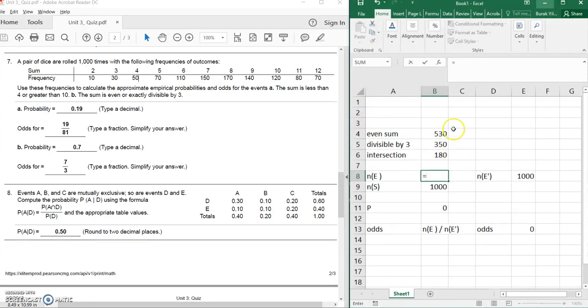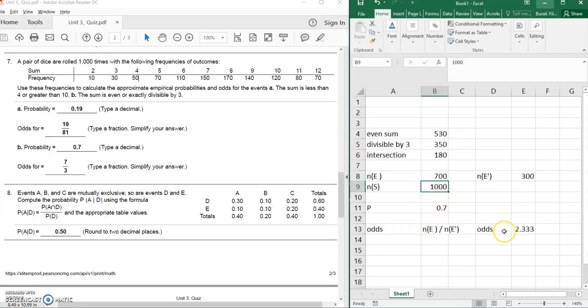So then NE would be even sum plus divisible by 3 minus their intersection. So NE is 700. That's why the probability is 0.7, because it's 700 divided by 1000. And NE prime is 300, because NE and NE prime should add up to the whole sample space.